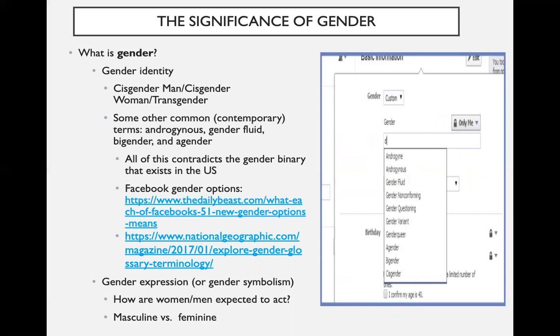In the same way that our gender identity terms have broadened, we also have had an expansion of gender expression. So some of those same terms that we have in gender identity are also relevant here. Once again, gender fluid, gender nonconforming, androgynous. Those can be terms that refer not just to your identity, but also to your expression.